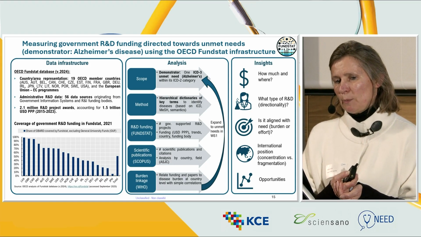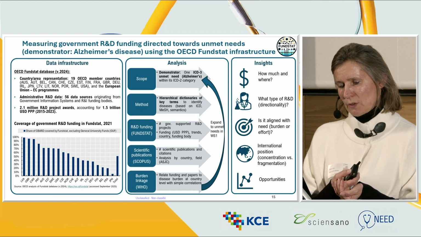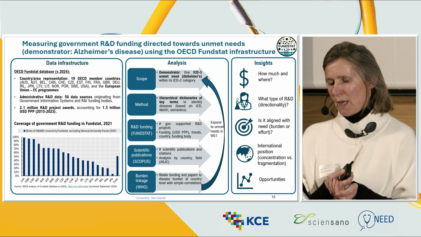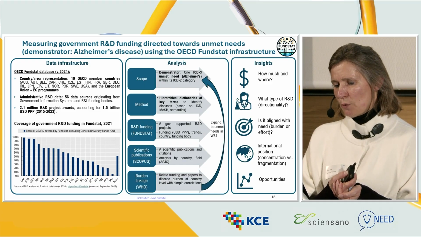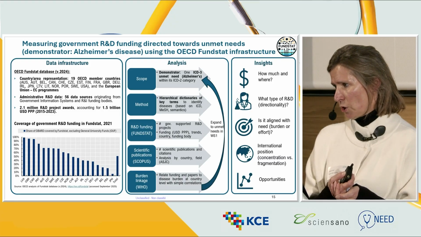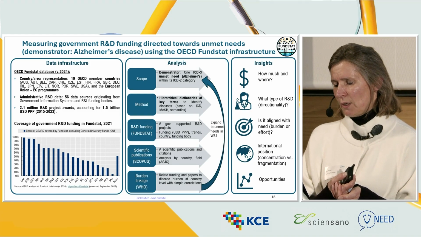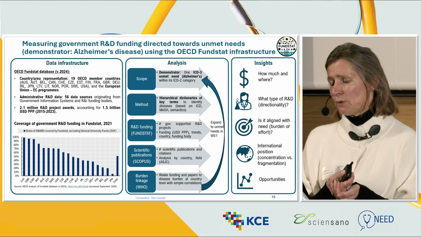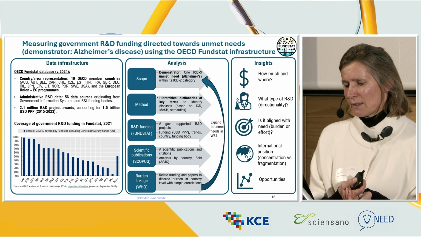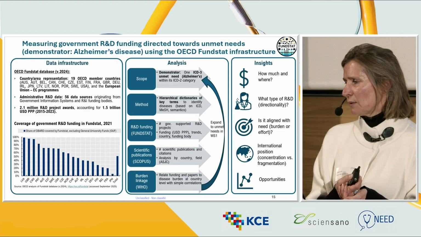It covers, for the moment, 19 OECD countries and 56 data sources, which is a huge amount of projects. So we have more than 2 million project awards, accounting for 1.5 trillion US dollars since 2015.